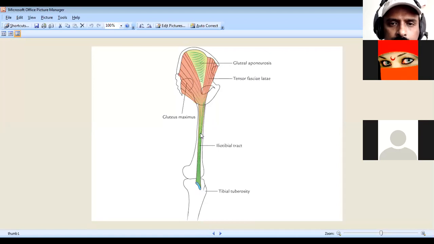These aponeuroses make a thick band on the lateral side of the thigh and attach to the front of the lateral condyle of the tibia. That is the attachment of the iliotibial tract.